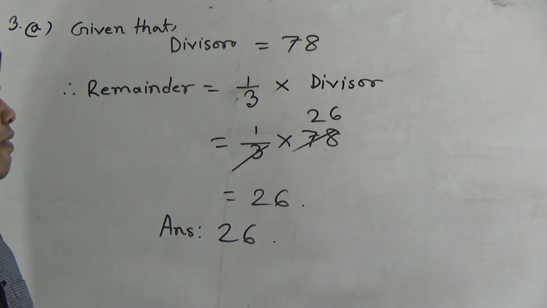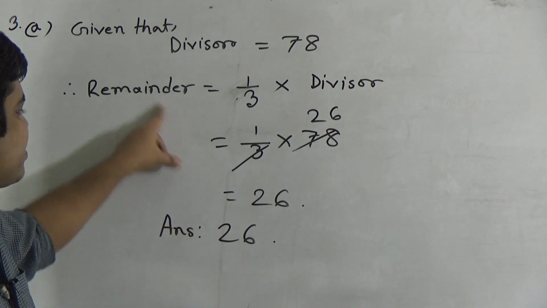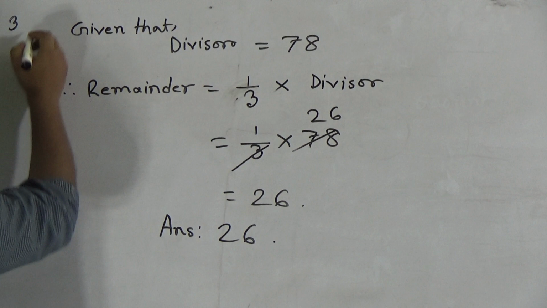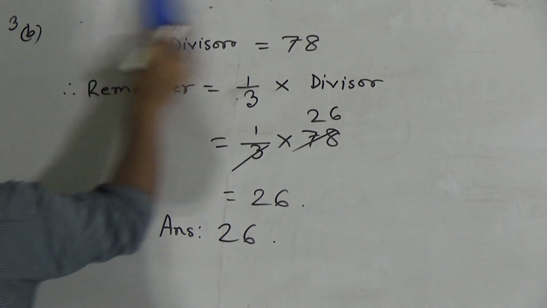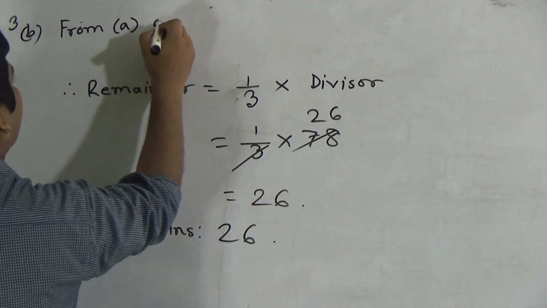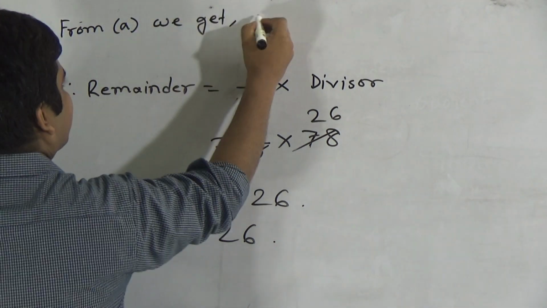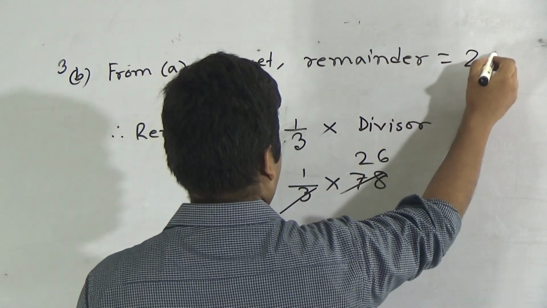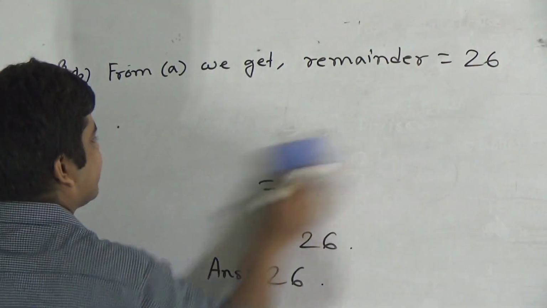Question B, find out the dividend. In order to find the dividend, we need this information, that the remainder is 26. So at first we write, from A we get, the remainder is 26.